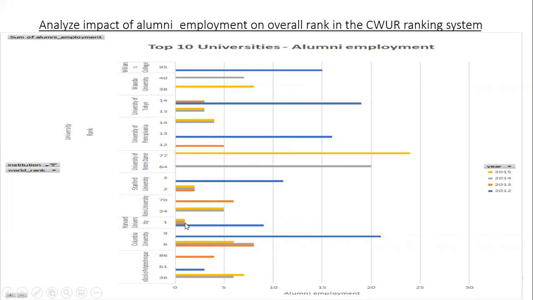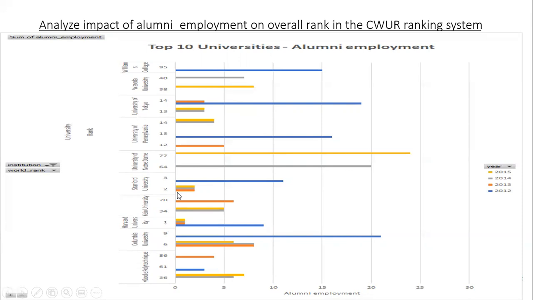We can look at Harvard University again. Harvard University is receiving the best value. It has the alumni employment rank number one, and the actual rank is also one. For the universities which got an alumni employment rank of more than 20, the actual rank is above 50, right?